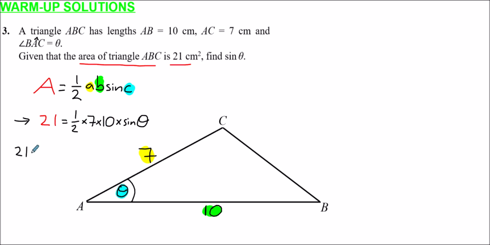So 21 equals 35 sine theta. If you read this question carefully, you can see we don't actually need to find theta. We're just trying to find sine theta. So if we divide both sides by 35, we'll get sine theta is 21 over 35. In other words, sine theta is 0.6.